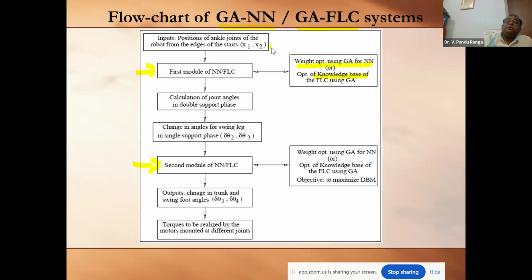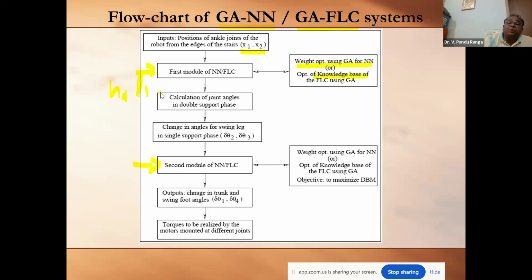Coming to the first module, what are the inputs? x1 and x2 are considered as the input, which is nothing but the position of the foot placements of the robot on the staircase. Using that, we calculate the height and the distance, H1 and L1 and H2 and L2, predicted as outputs from the network.